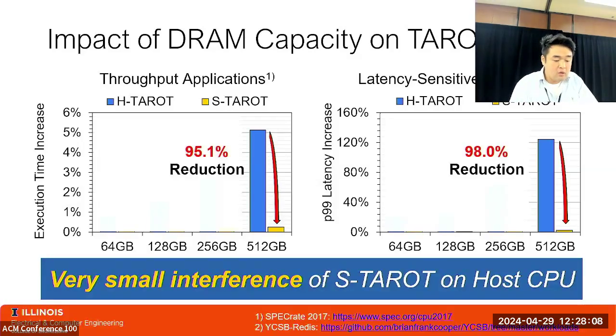Meanwhile, TAROT shows a negligible performance penalty for both applications. TAROT can reduce 95% of the execution time increase and 98% of the tail latency increase, respectively. The results of the 2 graphs show that the interference of TAROT on the host CPU is very small.